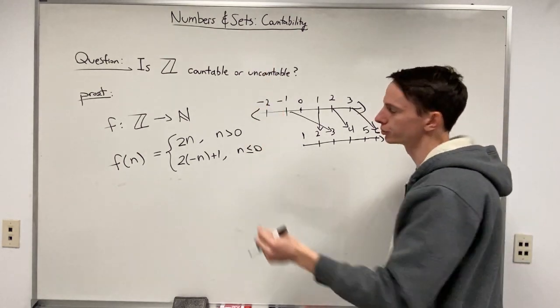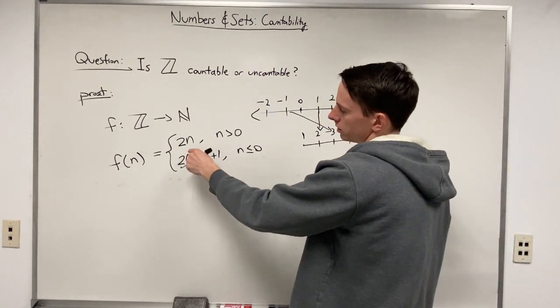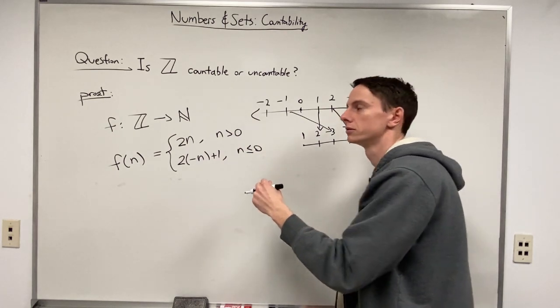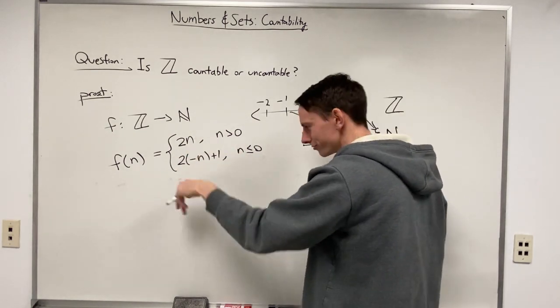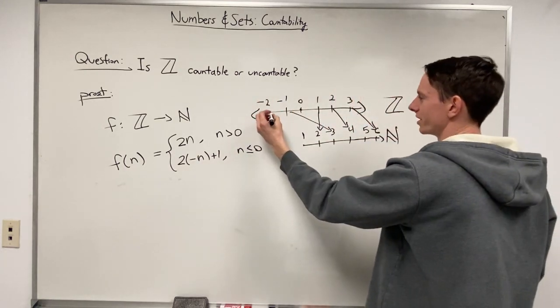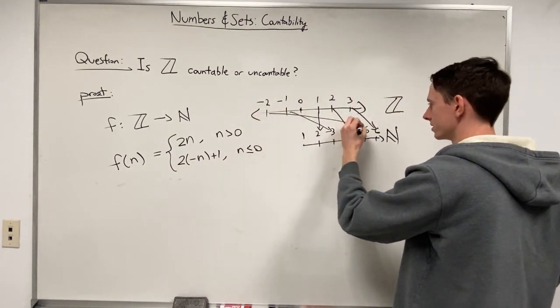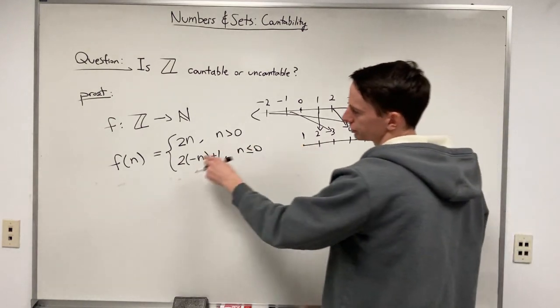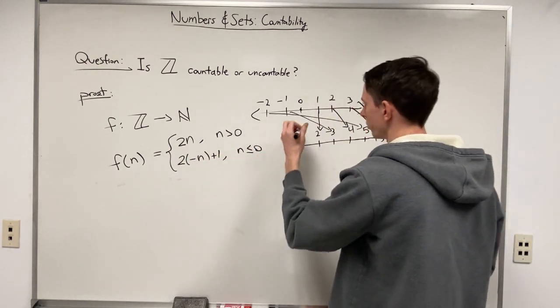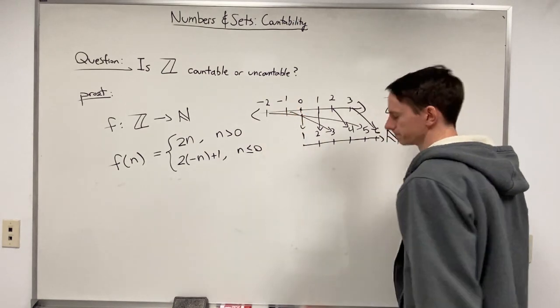Then for -2, we're going to have 2 times minus -2, or 4. 4 plus 1 is 5. So then this is going to map to here. And that takes care of these two. And then finally for 0, 2 times 0 is 0, plus 1 is 1.